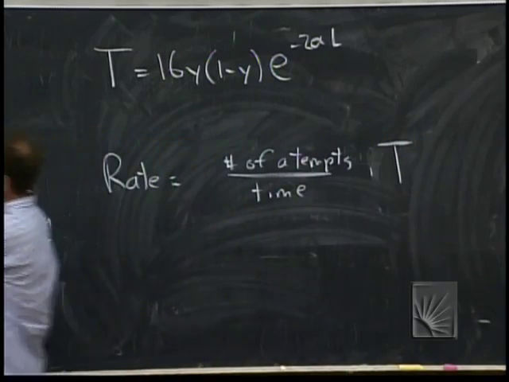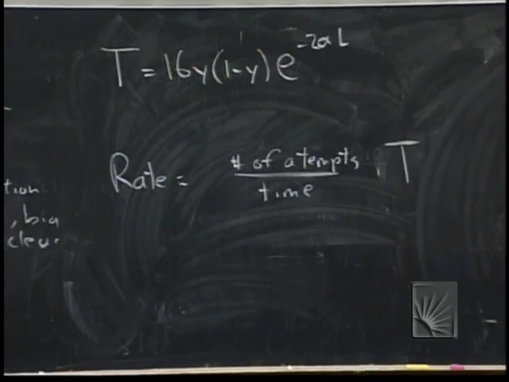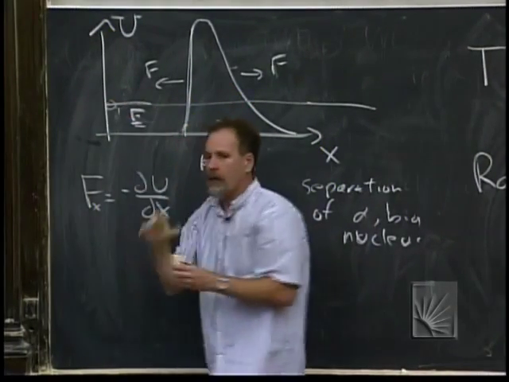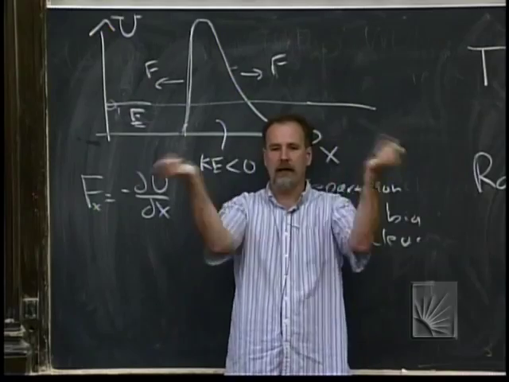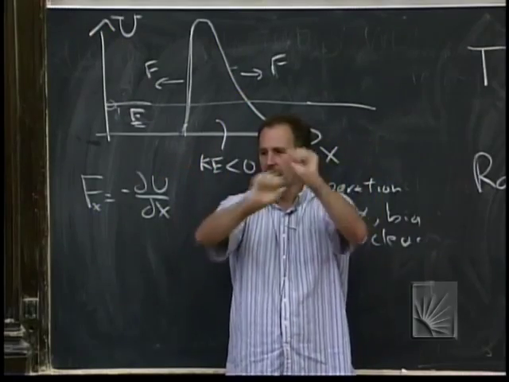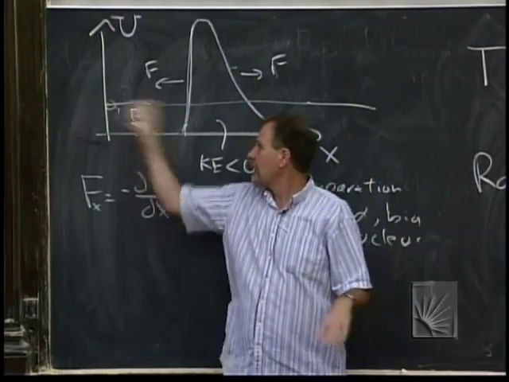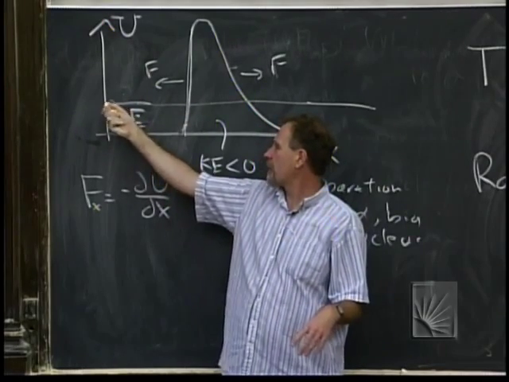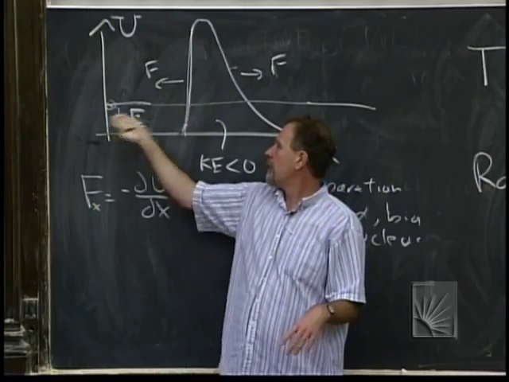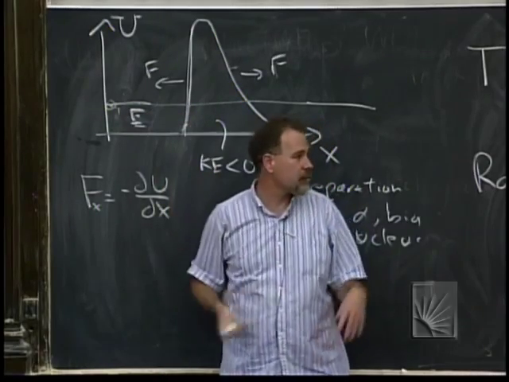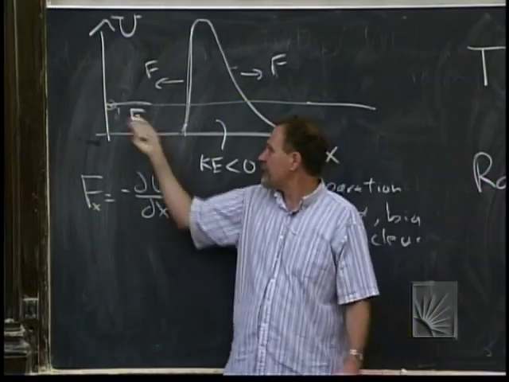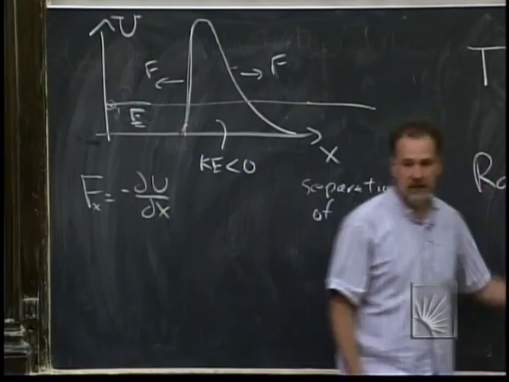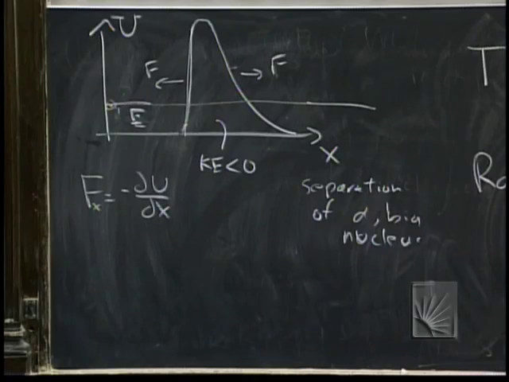Essentially, if I think of this thing as basically a standing wave that's trapped here, which I can think of as plane waves going back and forth, then it just whack, whack, whack, whack. This proto-alpha particle keeps hitting the wall. It does it many, many times. But there's some probability T, the ratio of an attempt to an escape. And eventually it escapes. And so this is the right formula.